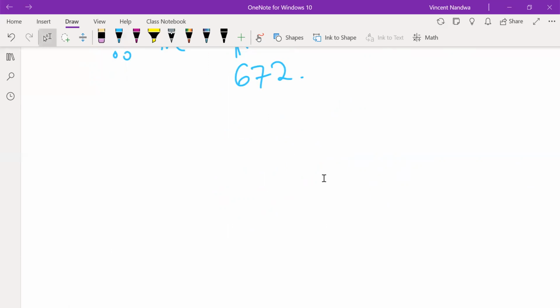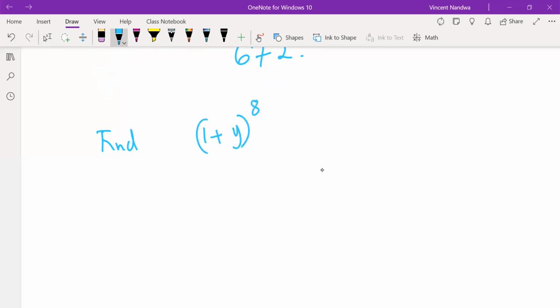Next question: find the expansion of (1 + y)^8 up to the term in y^3.